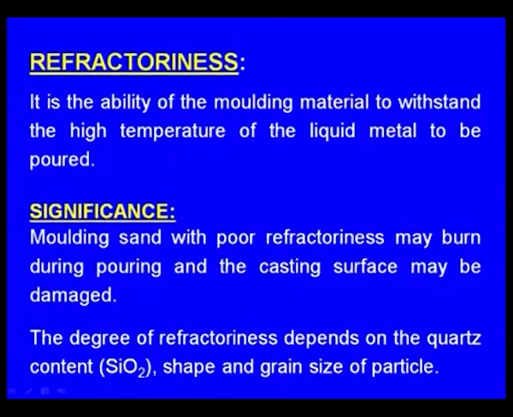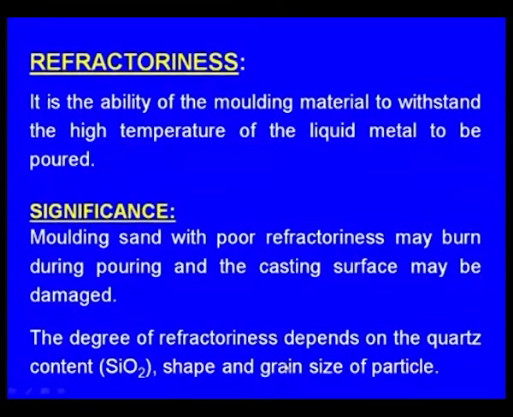What is its significance? A moulding sand with poor refractoriness may burn during the pouring and the casting surface may be damaged. If the moulding sand does not possess this property, what happens? When we pour the molten metal at a high temperature, the part of the sand near the mould cavity surface will be burnt and damaged.